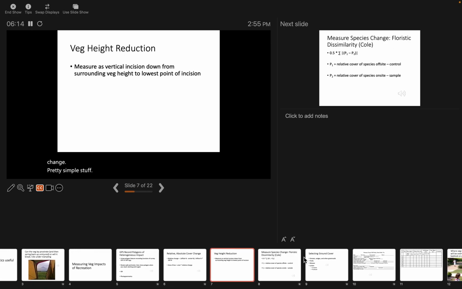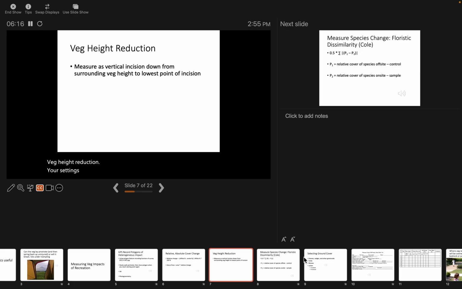Veg height reduction: you're setting a line, a transect line, and then measuring from the point on that transect line that is immediately over the deepest part of the incision.